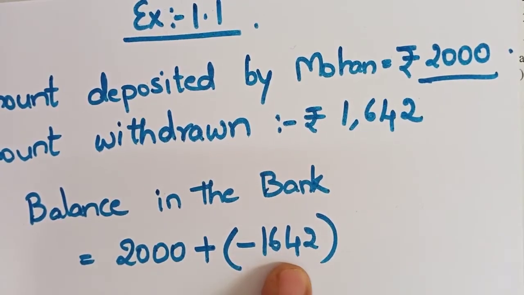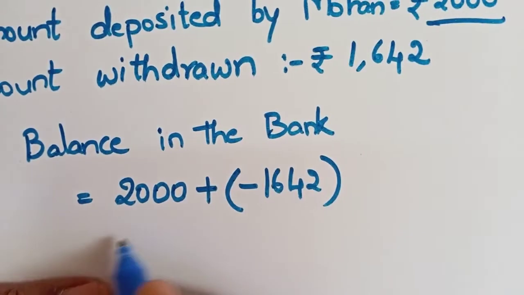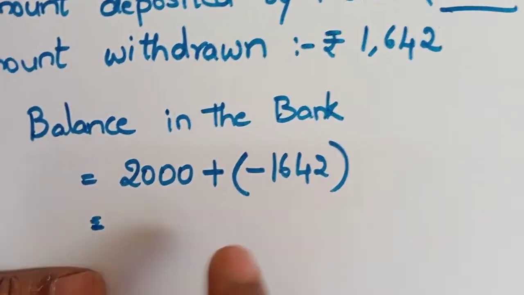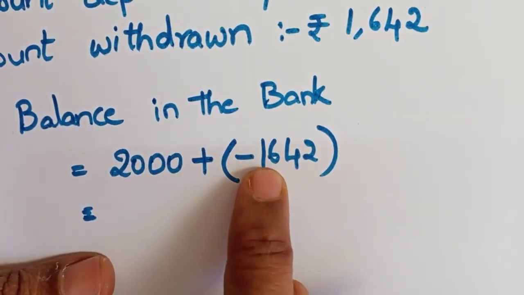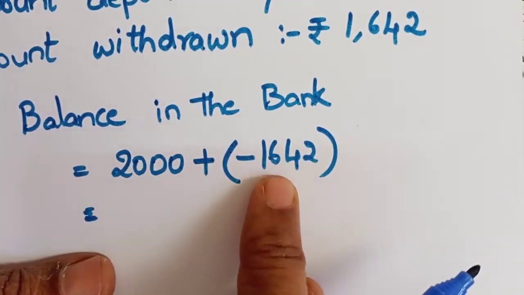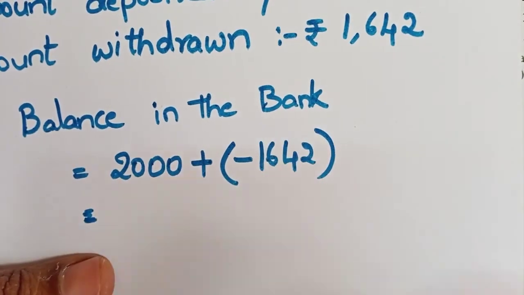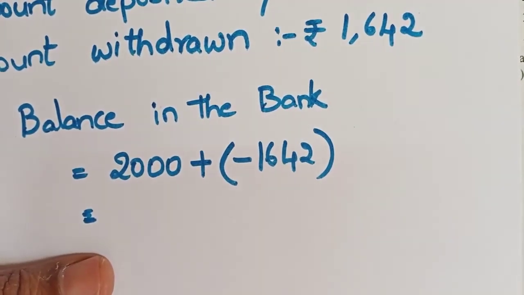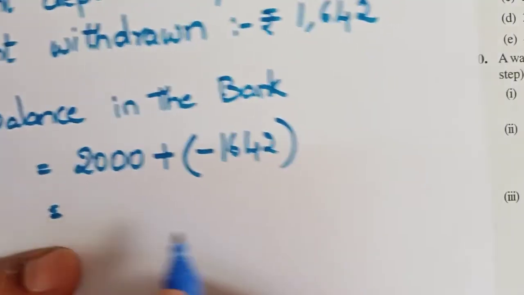This is the withdrawal. So we are adding it in its negative form as asked in the question. So now one is plus and one is minus. Always I told you, whenever they both have opposite signs, we must subtract the smaller number from the bigger number. When we subtract, answer will be, should I do the subtraction?